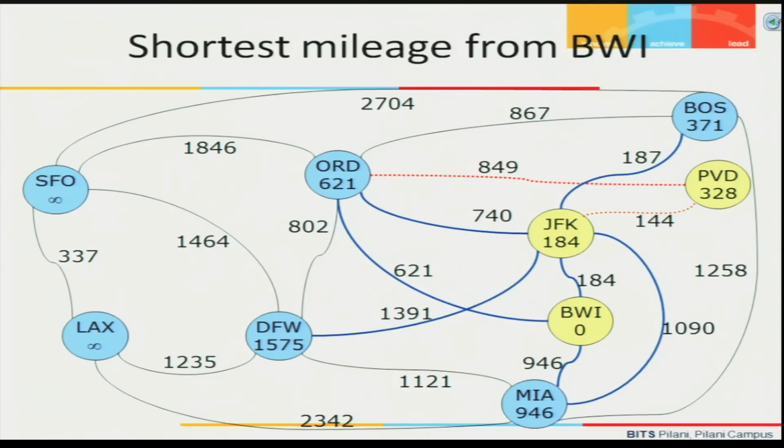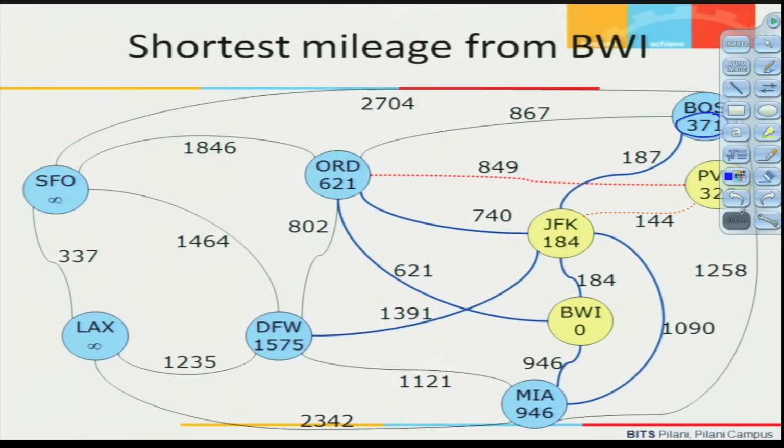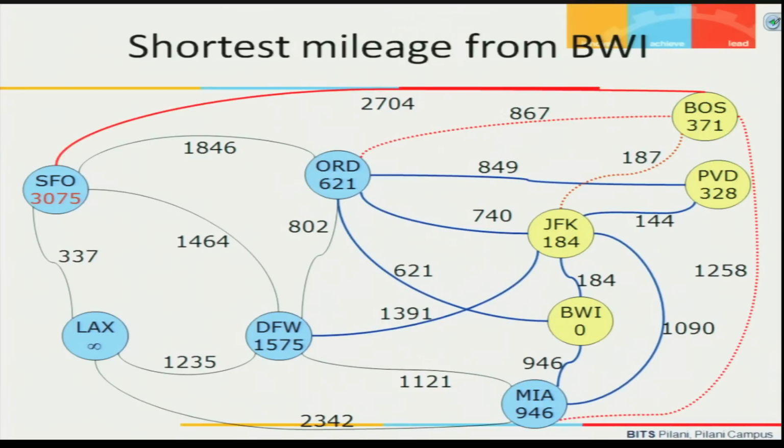Next, we pick up a node whose d value is least, which is this. So, the next node that we are going to add to our cloud is the one whose d value is 371. And now, we continue our procedure. As soon as we add this, we see that it is adjacent to this.